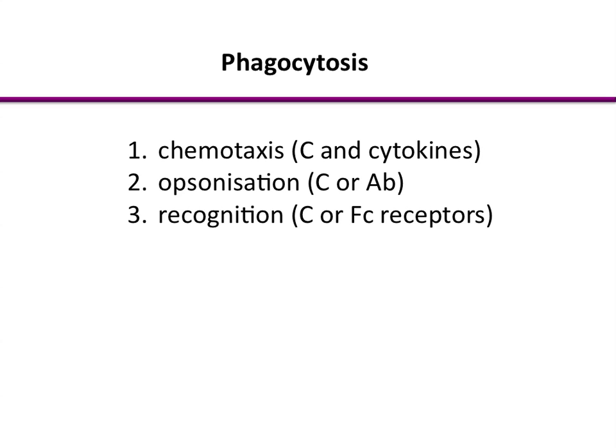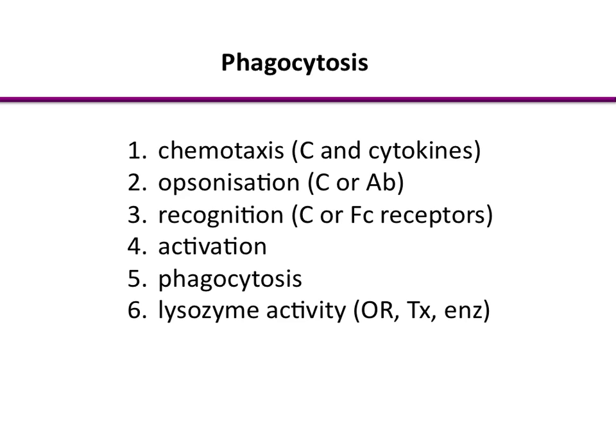There has to be a specific mechanism for the recognition of these opsonins. So there are complement receptors and so-called Fc receptors on phagocytes. Then this meeting of the phagocyte with the opsonized cell has to lead to activation, and only after activation has taken place does the cell engulf the microbe and then degrade it.